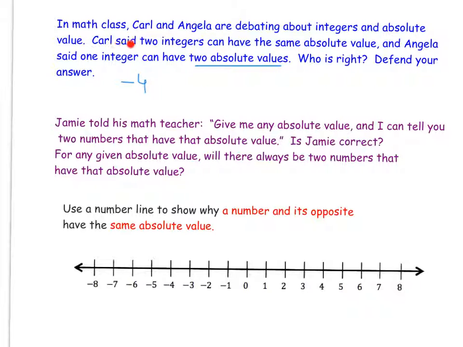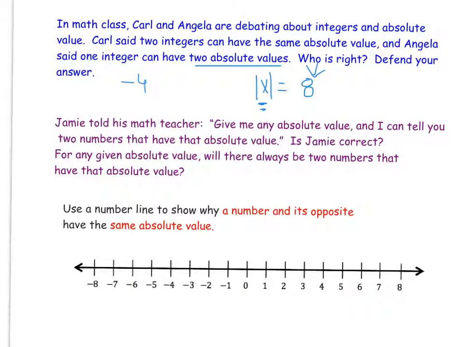So let's think about what Carl said. He said two integers can have the same absolute value. So let's think about the 8 that we were using before. If the absolute value of the number is 8, are there two integers that could have this same absolute value?